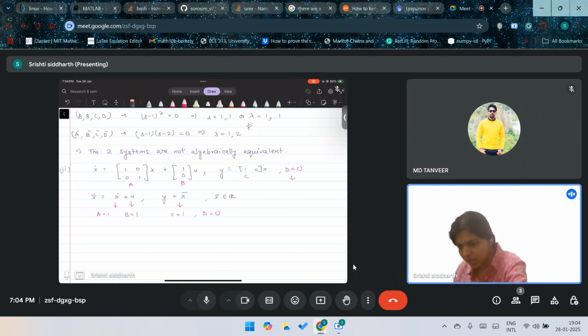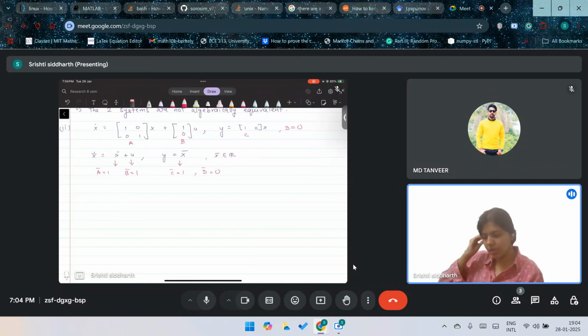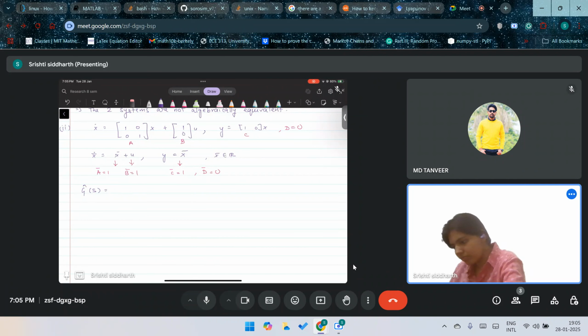So this is A bar, B bar, C bar, and D bar. Alright, so let's first find out the transfer functions. For the original system ABCD, we have C times (sI minus A) inverse. So let's find out sI minus A inverse.